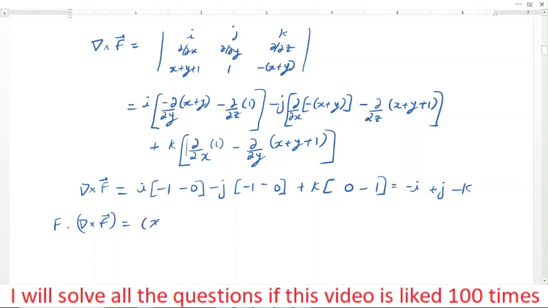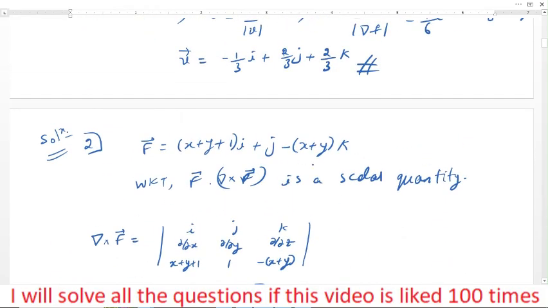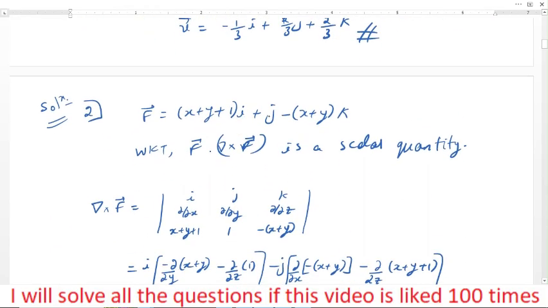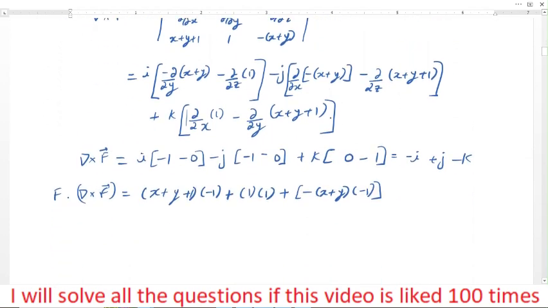Therefore we get minus (x plus y plus 1). Plus, with respect to j, j into j is 1, and we get 1. Plus, with respect to k, we get minus (x plus y) into minus 1, and k into k becomes 1. Please remember the corresponding values here. We are multiplying i into i, j into j, and k into k, so that is a dot product.